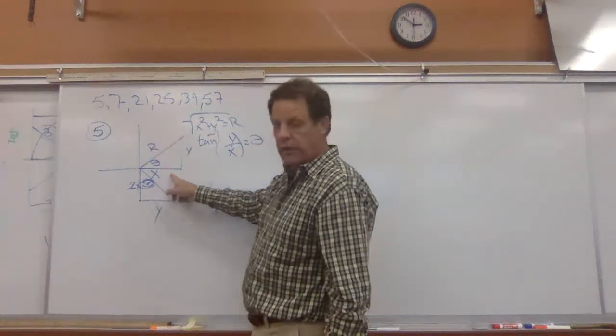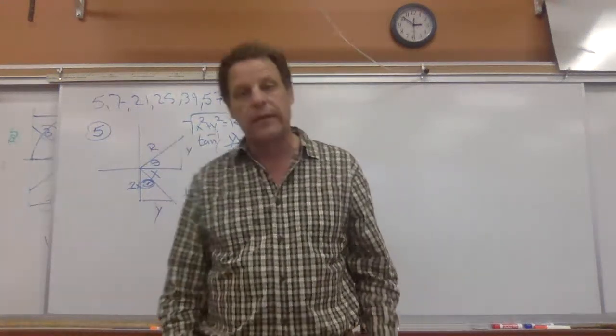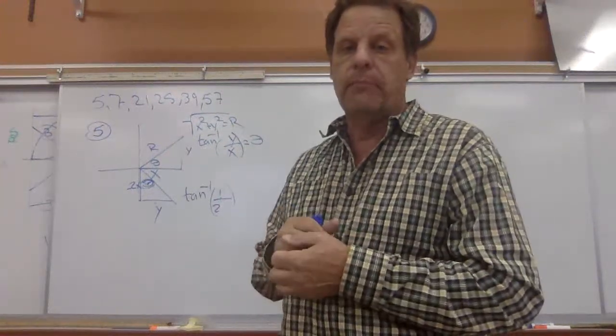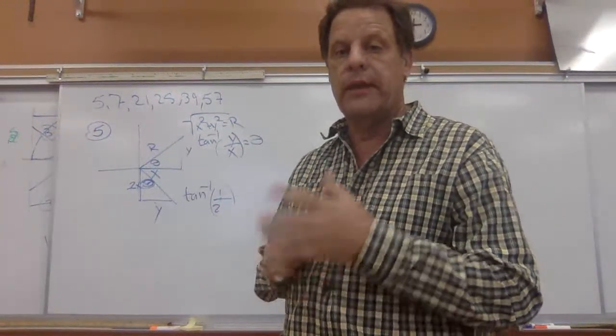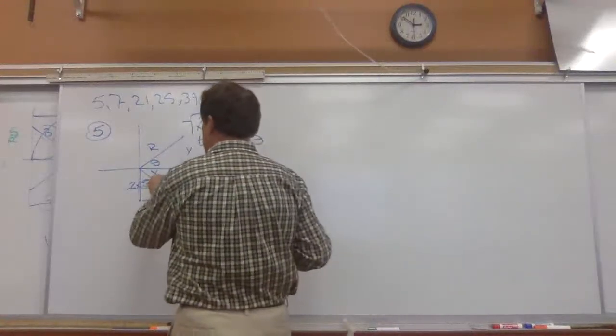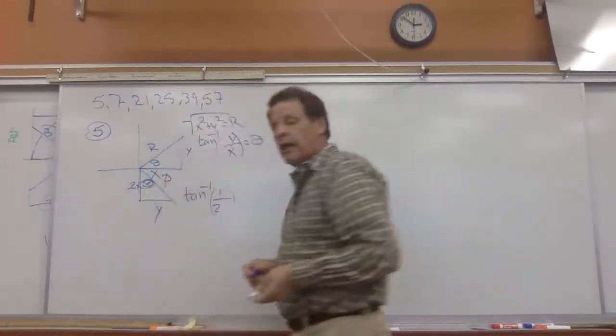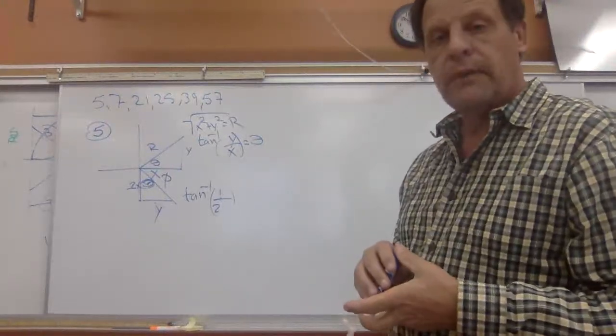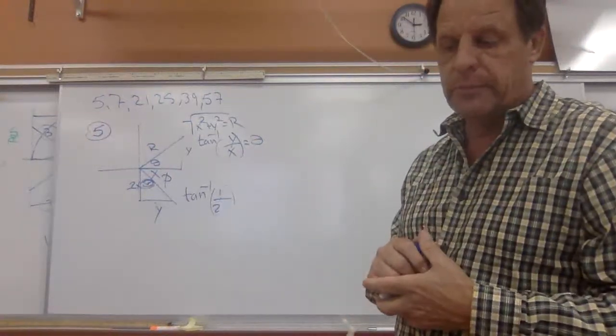Or you could take this one and get the negative one, but that would be the negative of the complement. If this is theta and that's phi, phi plus theta is going to equal 90 degrees, being a complement.